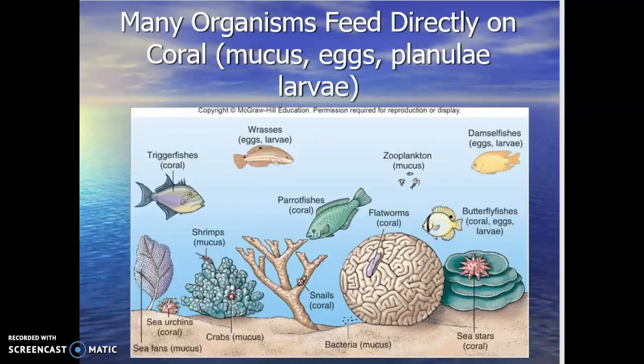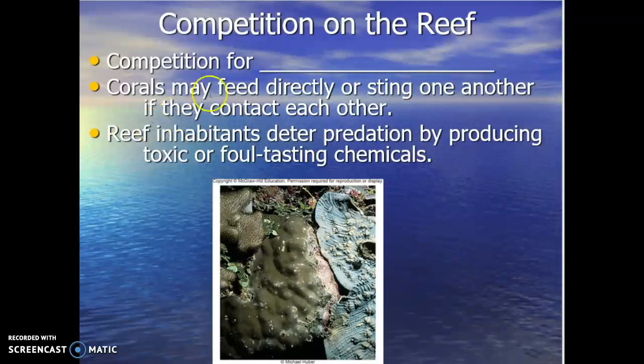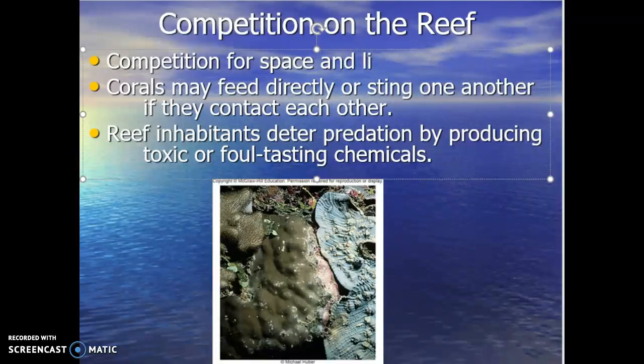So in the reef, we also want to look at how competition influences reef structure. So competition is for space and light on the reef. Alright, it's not just for food, but space. Do I have room to grow? Do I have space? And can I get light?